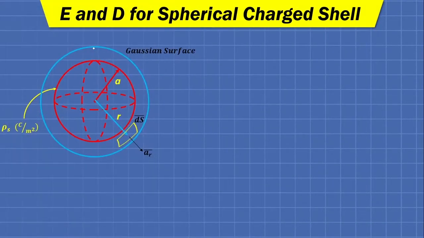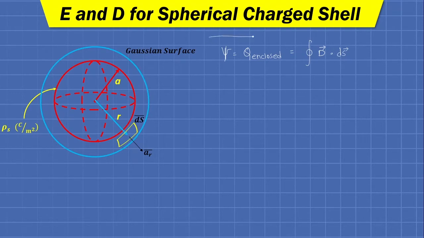So what will be the next procedure? We are going to apply Gauss's law, which states that the flux is nothing but the total charge enclosed, which is the closed surface integration of the density dotted with the surface element.